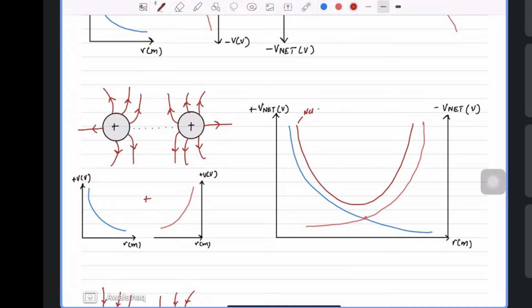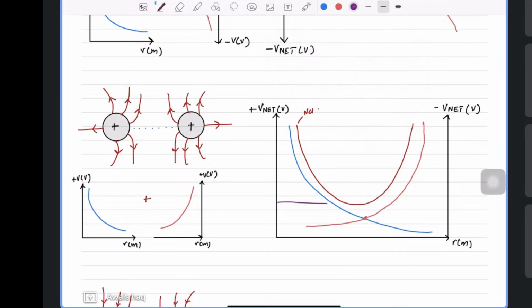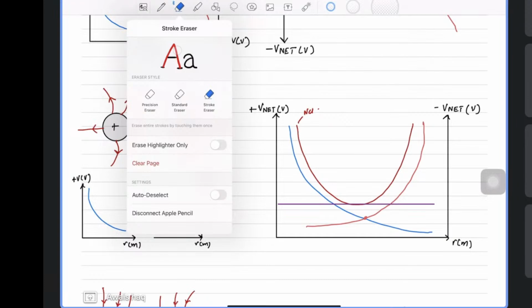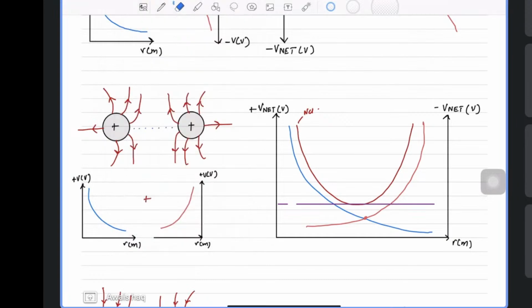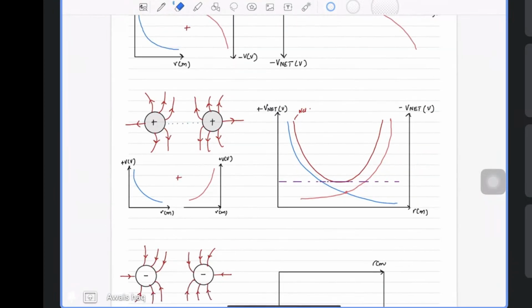And then if you draw a line like this, you might realize that at the very center, which is this point, the line is getting less and less steep, and it becomes completely flat here, which means at this point the electric field strength has to be 0.